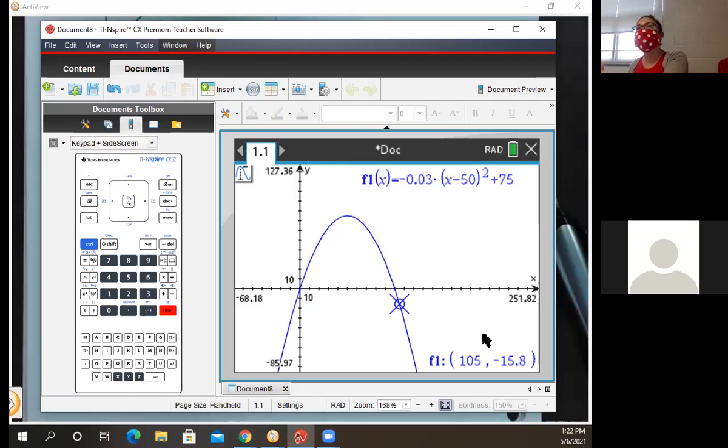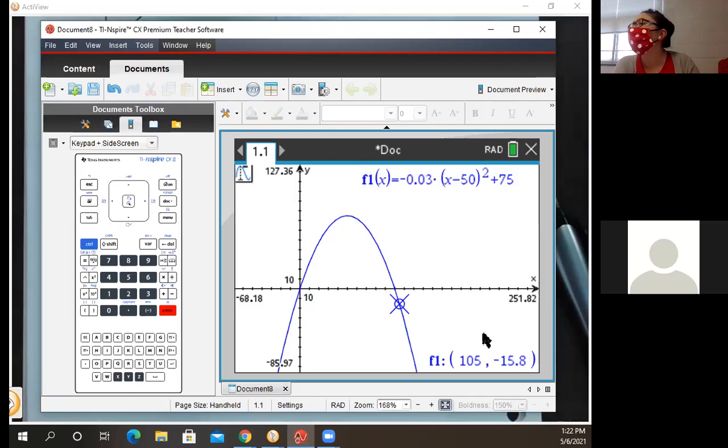It tunneled almost 16 feet under the field. Is that a thing that happens in football very often? Or like ever? No. So they don't have to stop the game, dig the ball out, fill the hole back in. Could you imagine how long a football game would take if they had to dig the ball out of the field every time? It'd take forever. So in the context of our problem, this doesn't make any sense, right?